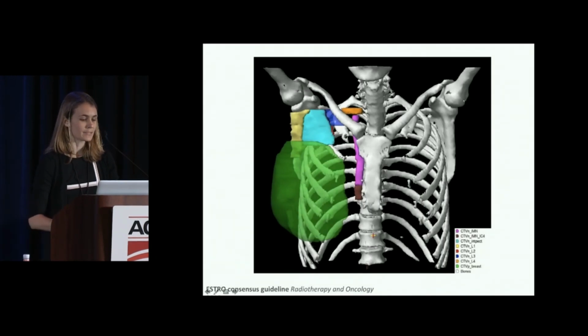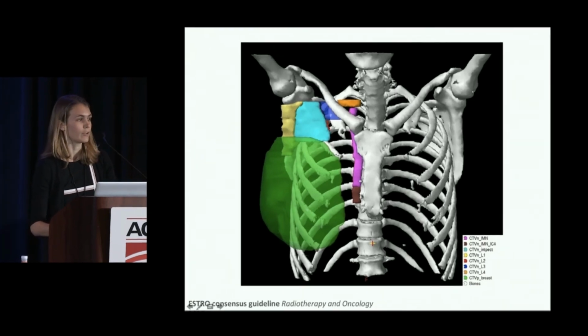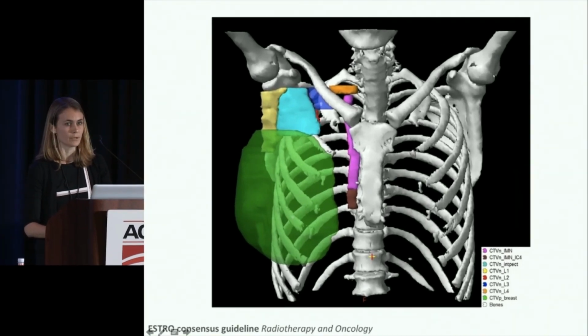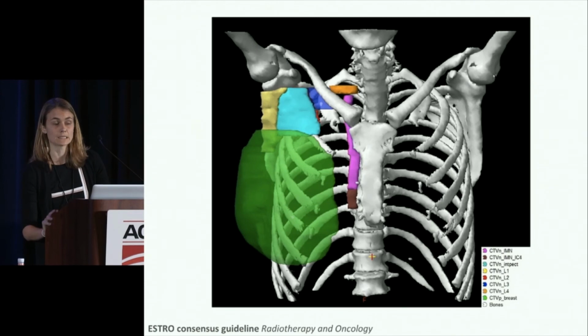So this is what the ASTRO guidelines look like. Again, ASTRO has decided that we're really covering only that subclavian axillary artery and vein. Their supraclav volume is only 5 millimeters above and below the subclavian vein, and then they also connect to the IMNs, as we talked about. I'm presenting to you all the different consensus guidelines because there are differences, and breast can be really frustrating for that reason.